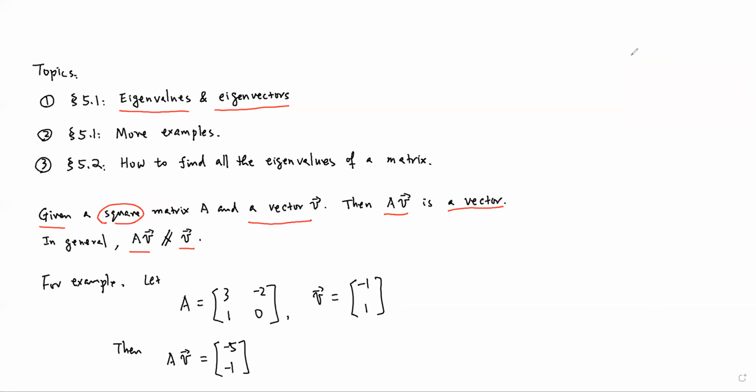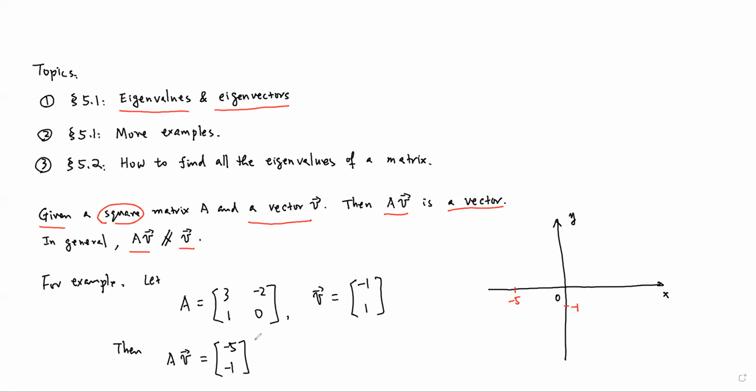Plot these two vectors on the XY plane. These two vectors are two-dimensional vectors, so plot them on the XY plane. Suppose that -5 is here, -1 is here.